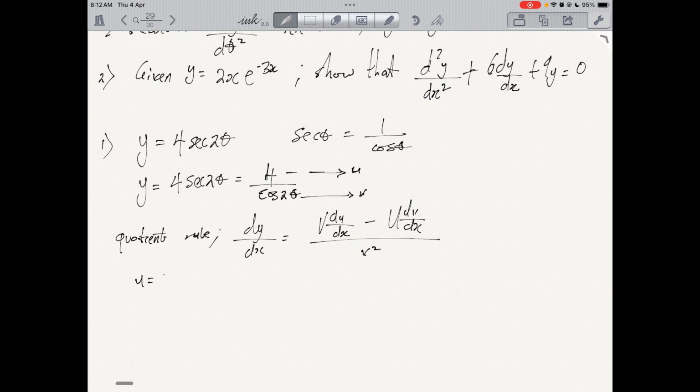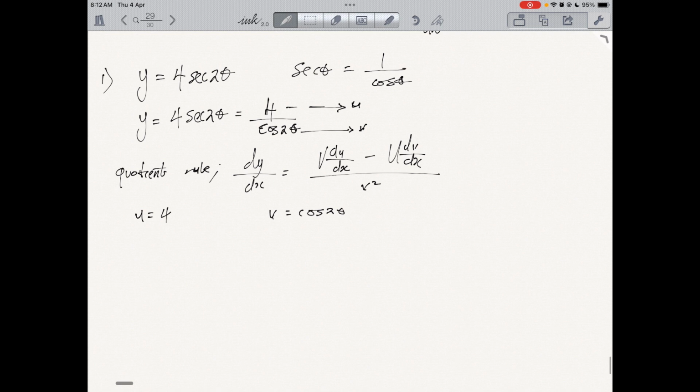Now, our u is 4 and our v is cos 2θ. Notice that the variable we are differentiating with respect to here is θ. Therefore, our du/dθ is equal to 0 and our dv/dθ here will be minus 2 sin 2θ, because when we differentiate cos aθ, we are going to have minus a sin aθ.